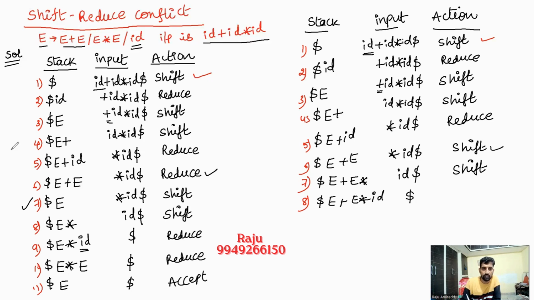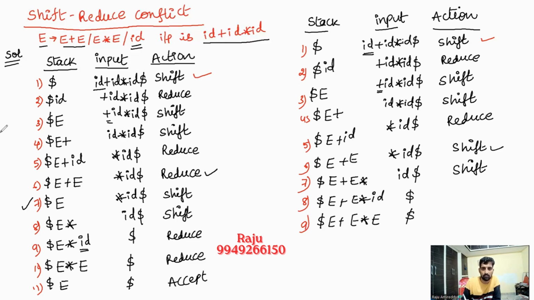Now in the ninth line, what can we write? In the ninth line, dollar E plus E star. Now this ID becomes capital E because in the given problem they have given E is equal to ID. It is a dollar.